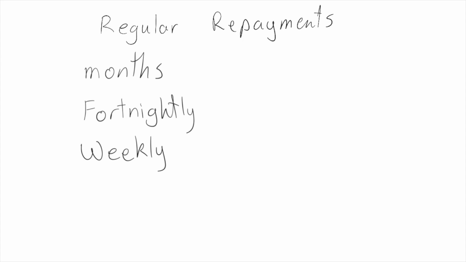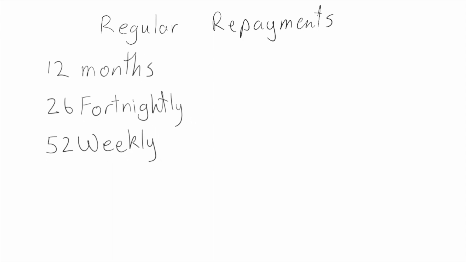So we have to understand that there are 12 months to a year, 26 fortnights in 1 year, and 52 weeks to a year.